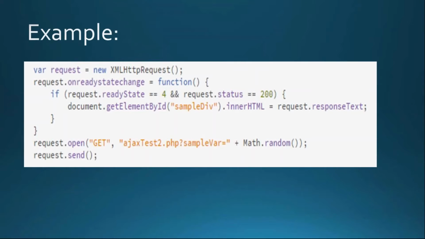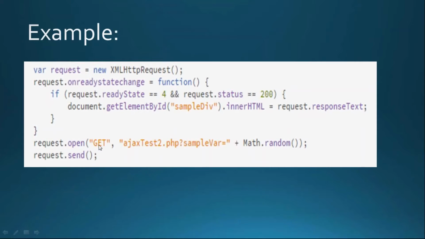Okay, so this is the example of the XMLHttpRequest. Here I created the XMLHttpRequest object, and then I assigned the handler to the onreadystatechange event. In that handler, I'm checking whether request.readyState is 4 and the status is 200, and then I am printing the response text in the div which has an ID of sample div.